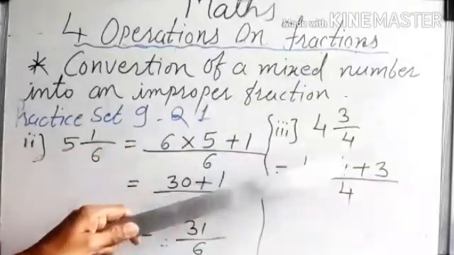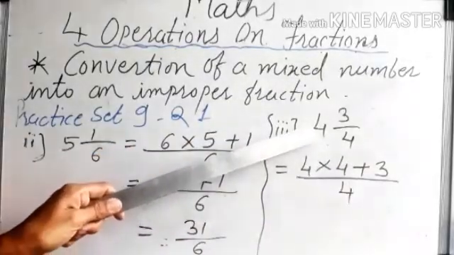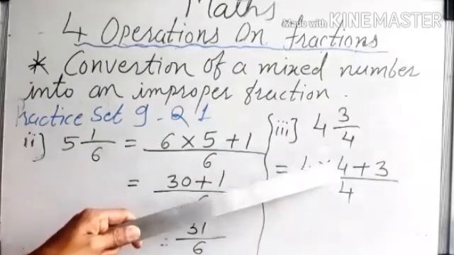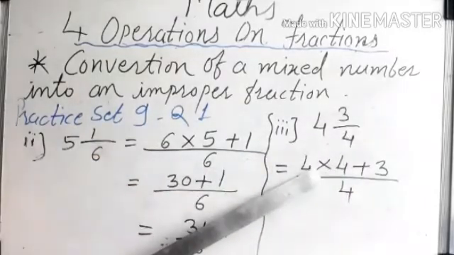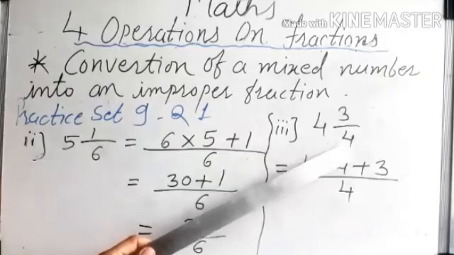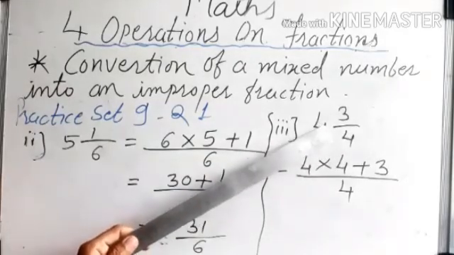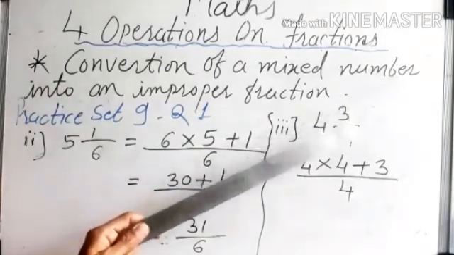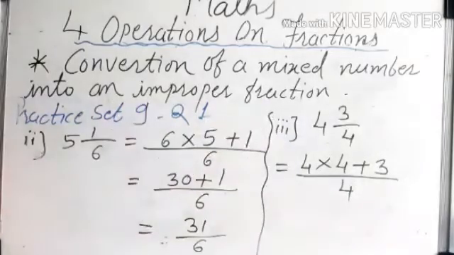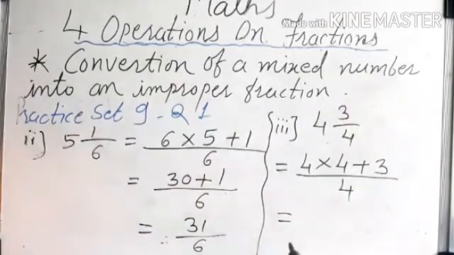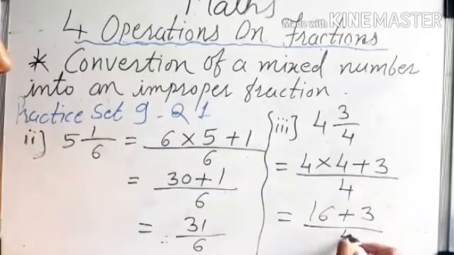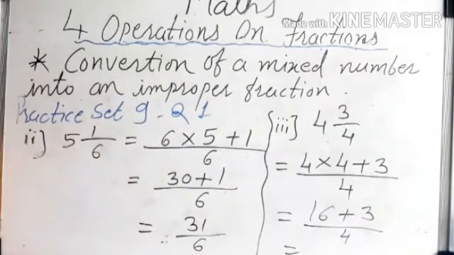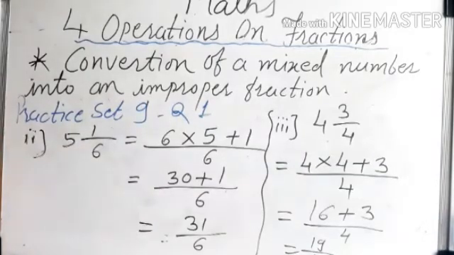So this is the denominator into the integral number, that is the integral part, plus. Don't forget, here a multiplication sign is there for these two, this cross you have to remember, and then while going here you have to add this number, plus 3 upon 4. 4 4s are 16 plus 3 upon 4. 16 plus 3 is 19 upon 4 is the answer.